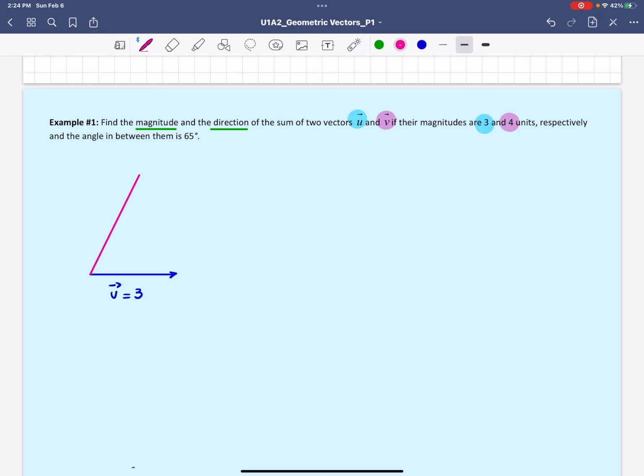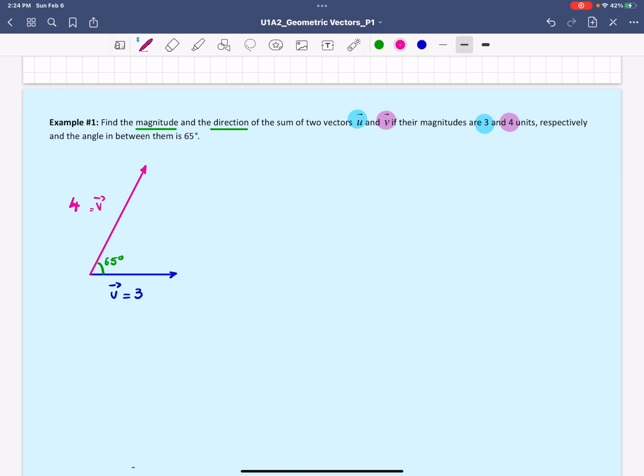Again, I'm eyeballing this, and I will try to make sure that vector v seems a little bit longer than u, because it actually is, and I will mark the angle in between, which is 65 degrees. So here goes vector v, and again I'm going to write the length of it.